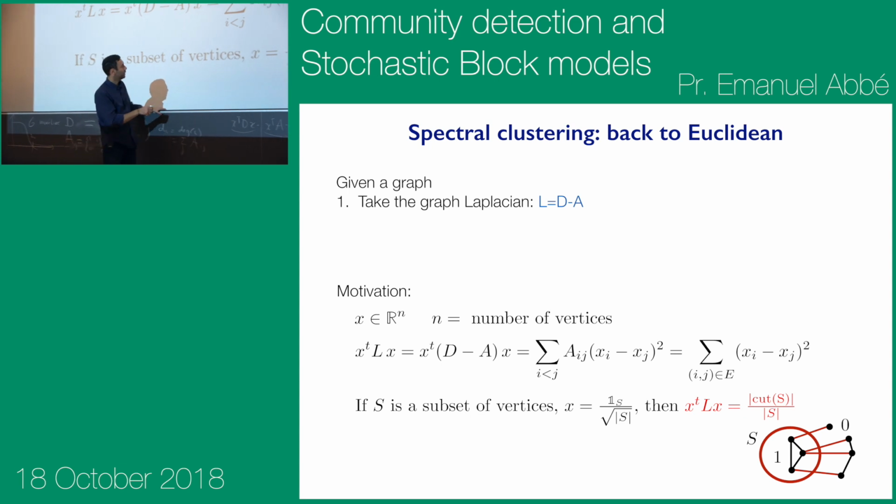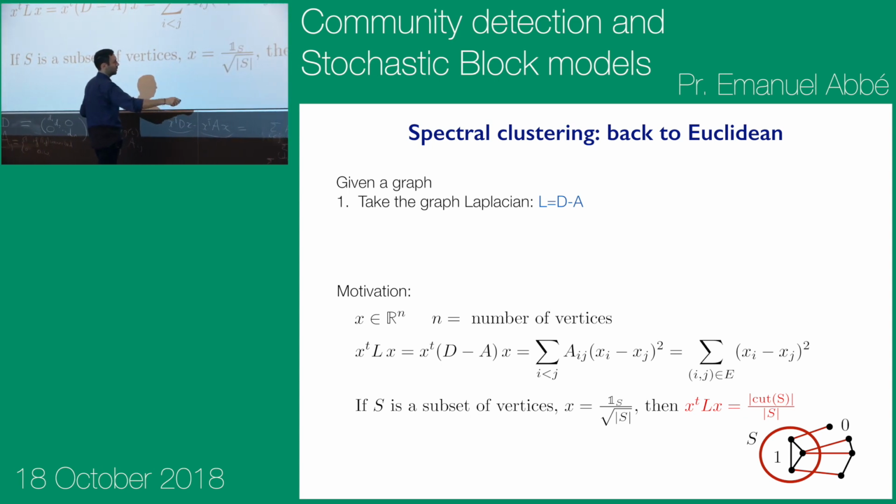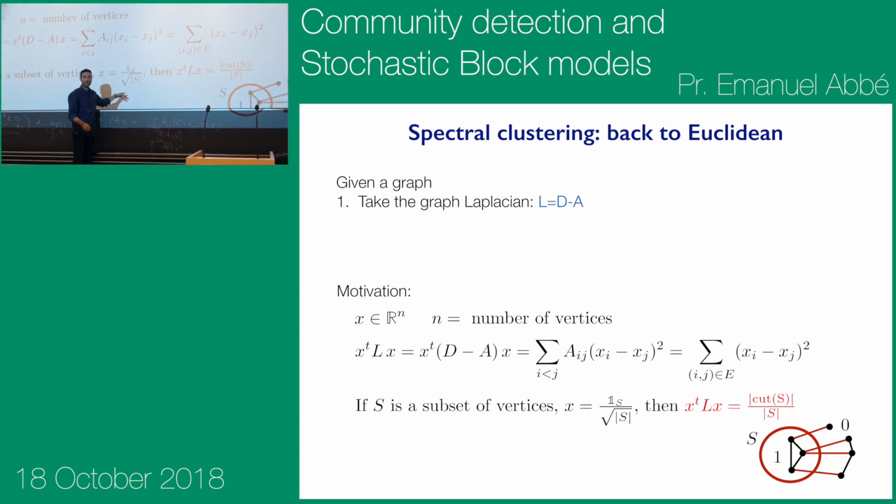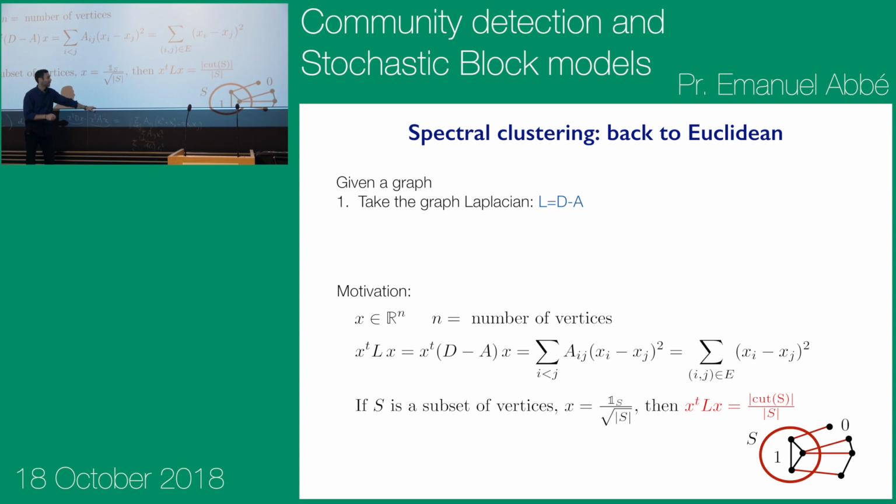So if I apply this vector to x transpose Lx, and use this formula to evaluate it, what I get is that this will be 0 unless I pick two components that do not have the same value, in which case this will be exactly 1 divided by the size of S because of the squaring.